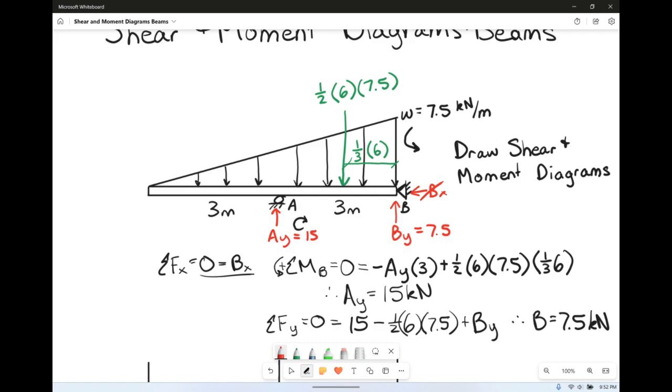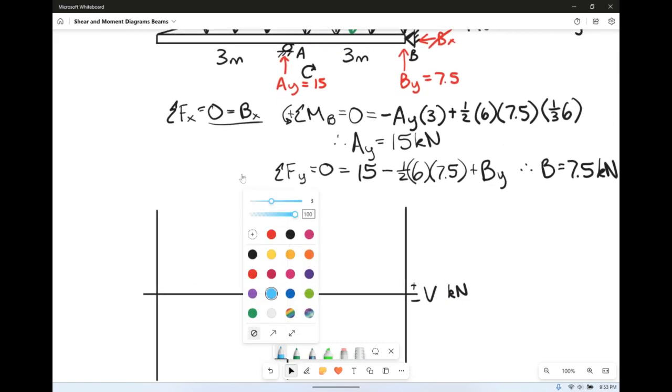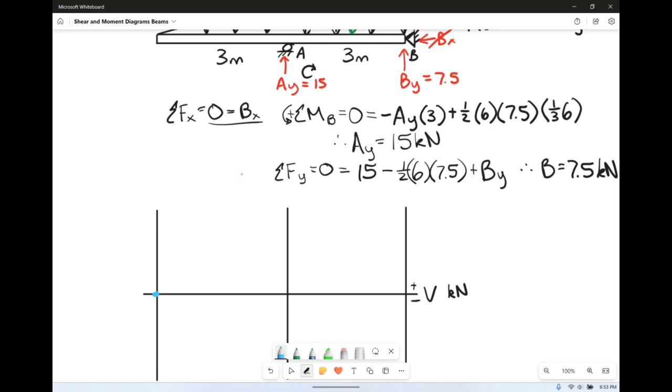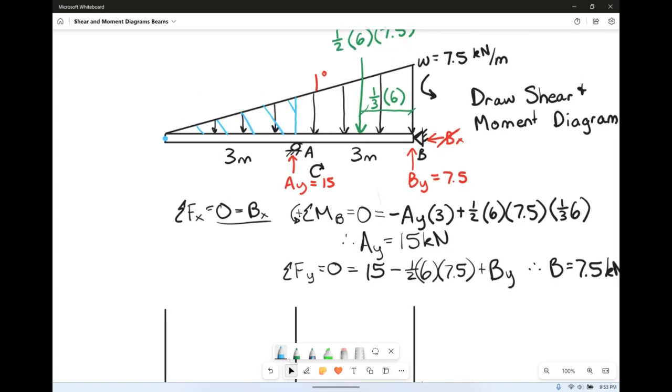Now we need to start drawing our shear diagram. This isn't very fun because it's already a 1st degree here for the loading, so as we integrate, we're going to get a 2nd degree. But we're going to start at 0, right? There's nothing over at this end, and we start going down until we hit right here. We need this area under the loading diagram.